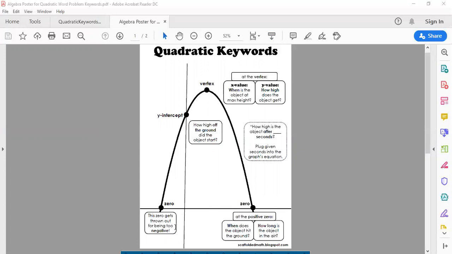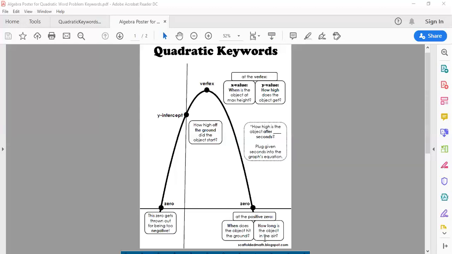You may have one that crosses at the origin, okay? So let's first look at the positive one, the positive zero. A question it might ask you is, when does the object hit the ground? Imagine this is something being shot up into the air, right? It's coming back down. And at this point in time is when the object hits the ground, right?